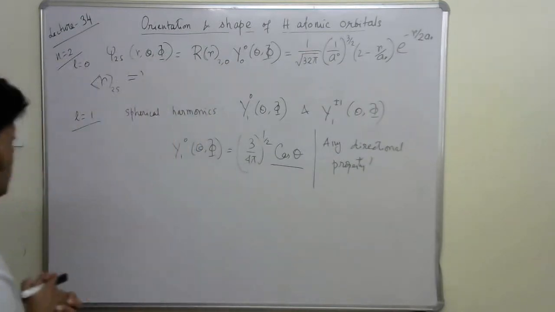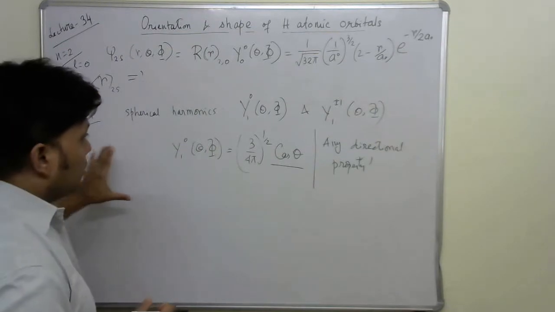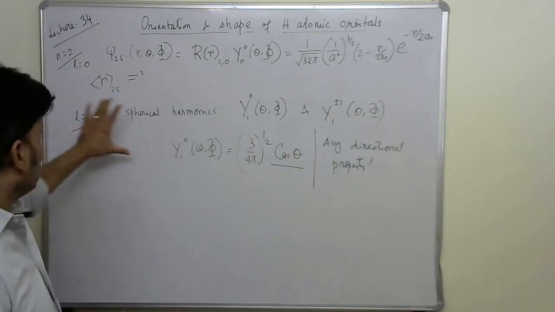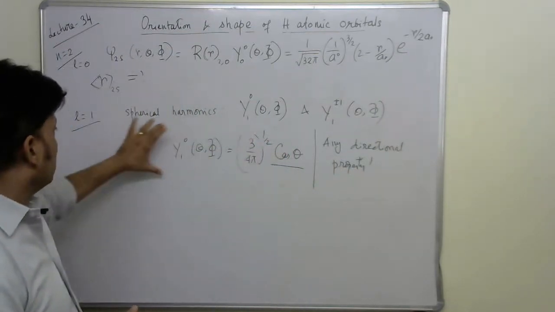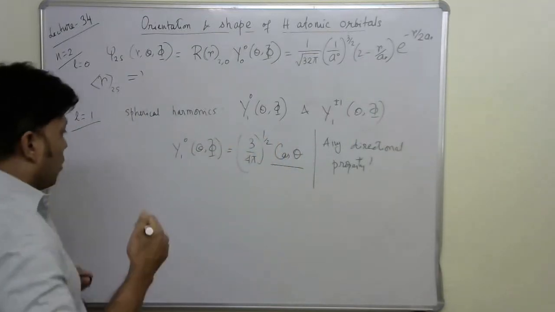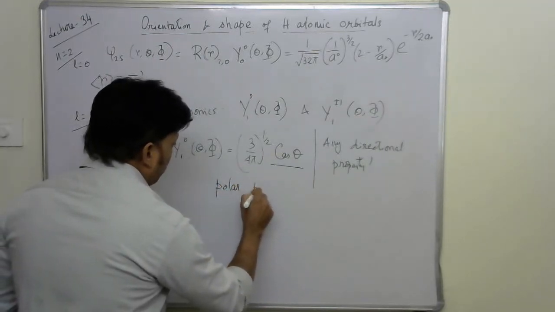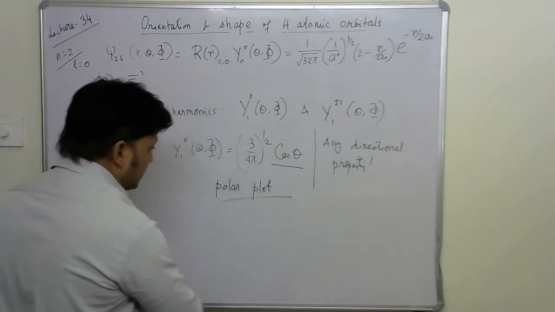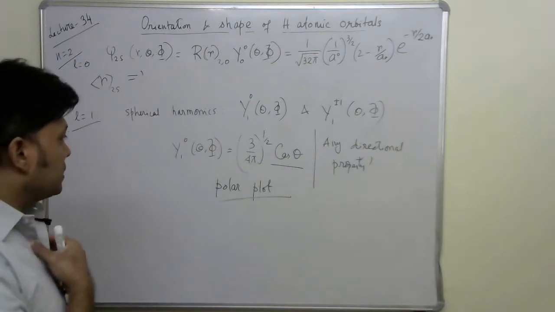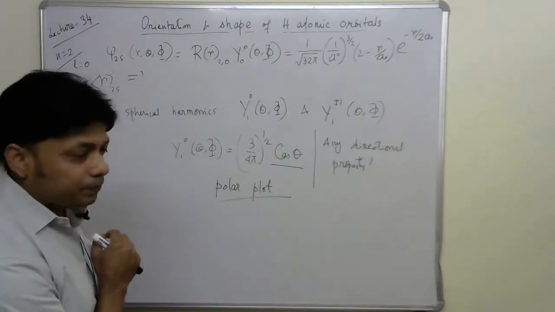To determine the directional orientation of the wave function, or any wave function, we take the help of a plot called a polar plot. In this lecture today we are going to discuss in a little detail how to obtain a polar plot.